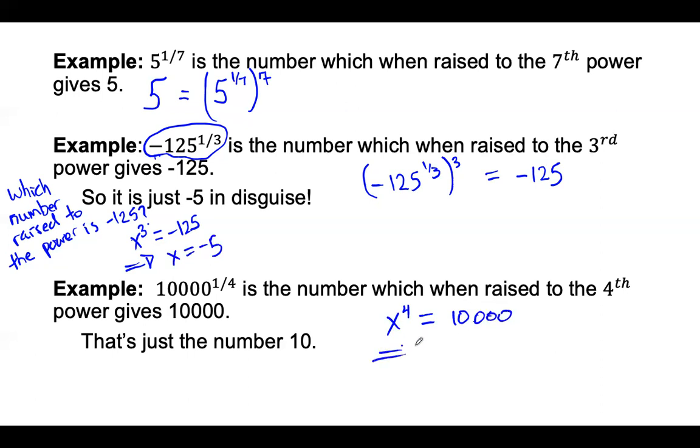So this implies, therefore, x would be, anyone? 10, right, 10. So you see 10,000 to 1/4 is 10. Good.